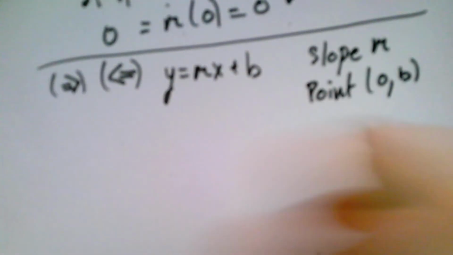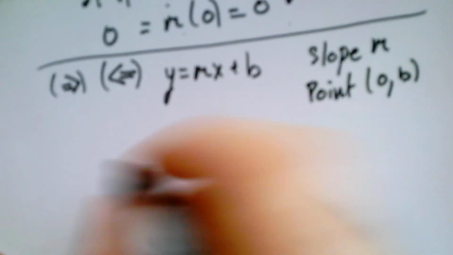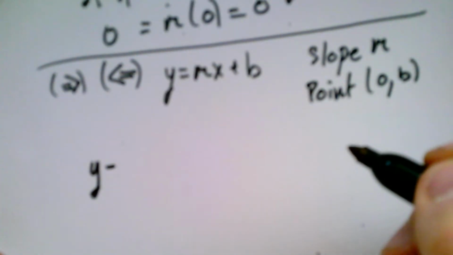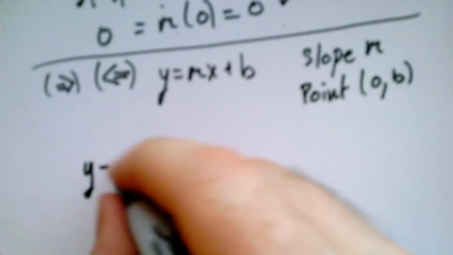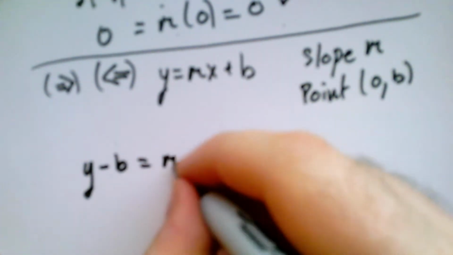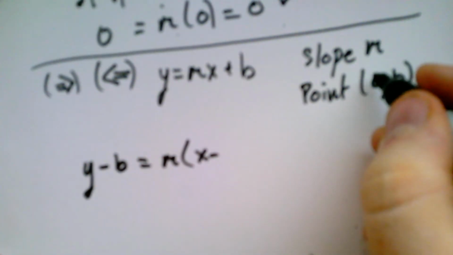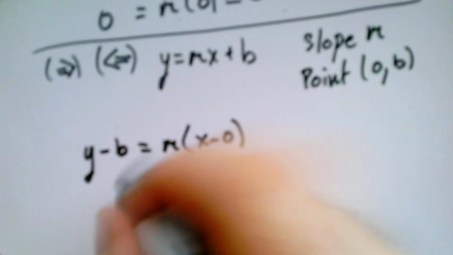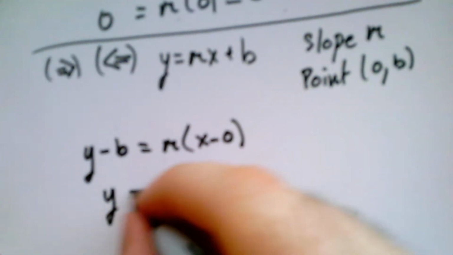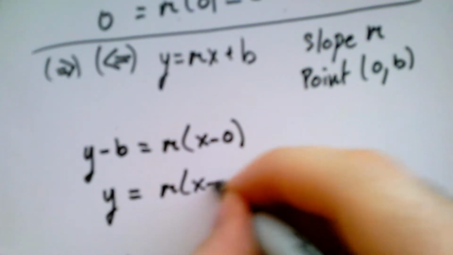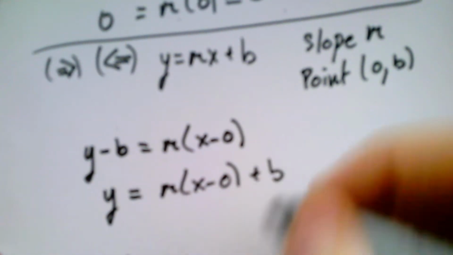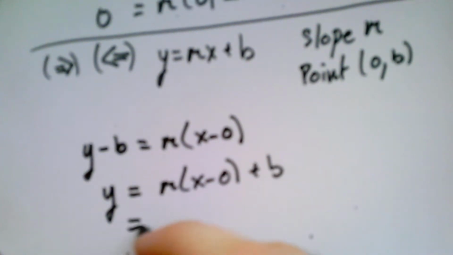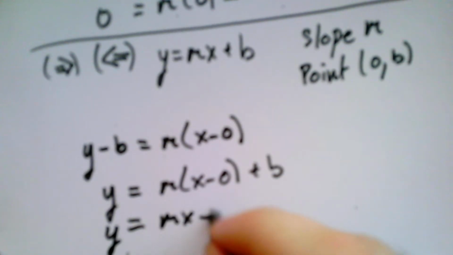So let's try this out. Point slope form says y minus y1, which is b, is equal to m times x minus x1, which is 0. And when we add b to both sides, we get y equals m times x minus 0 plus b. And when we simplify what's inside the parentheses there, we get y is equal to mx plus b.